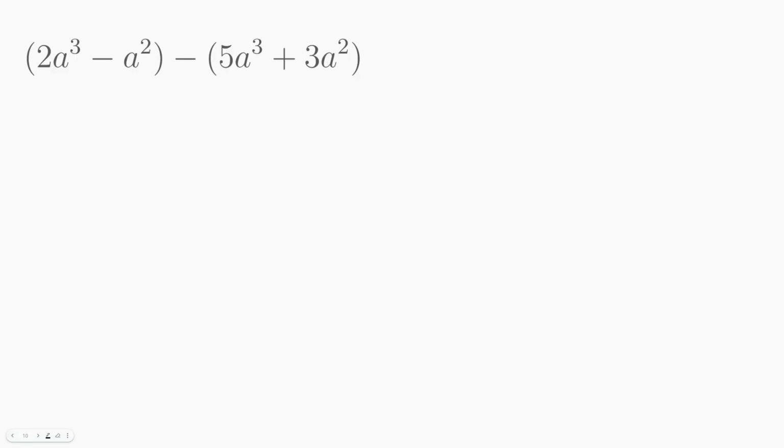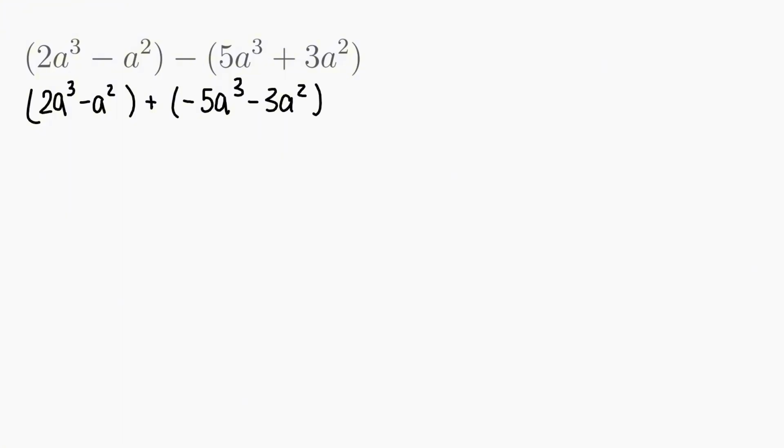Let's practice one more question with subtraction, and in this case, why don't we use the vertical method? So same as before, we're going to change this sign. So this becomes 2a to the third power minus a squared, just copying it down, plus, then we're going to distribute minus 5a to the third power minus 3a squared.